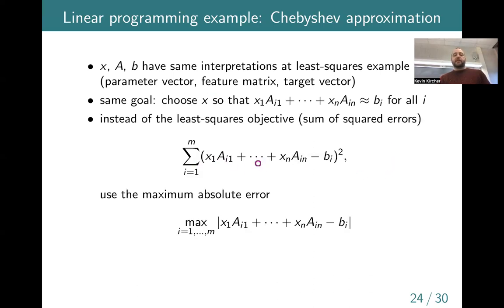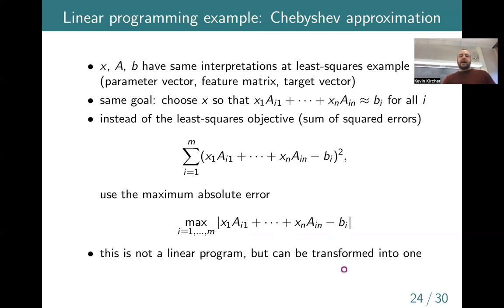And instead of using the least squares objective, which is quadratic, we use the maximum absolute error. So again, we have a thing that is equal to 0 if our equation holds exactly. But if it doesn't hold, then whether we're overshooting or undershooting, we still get a penalty.